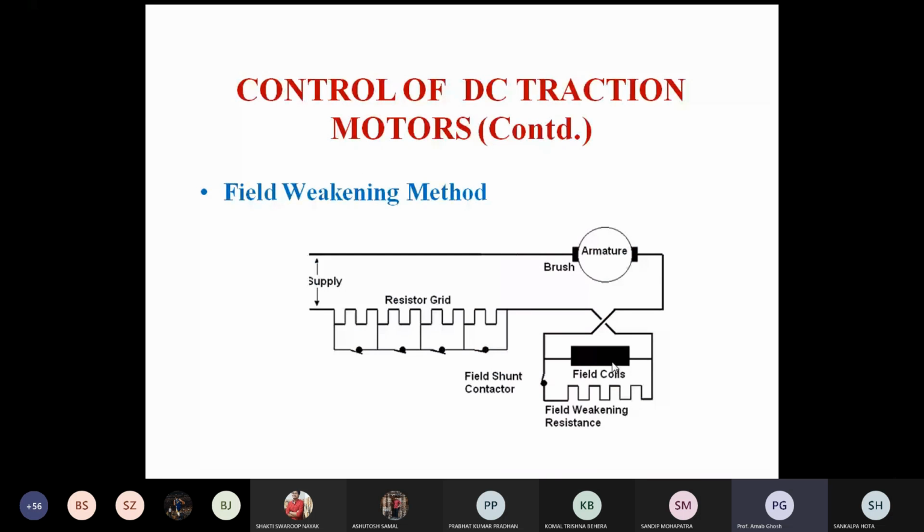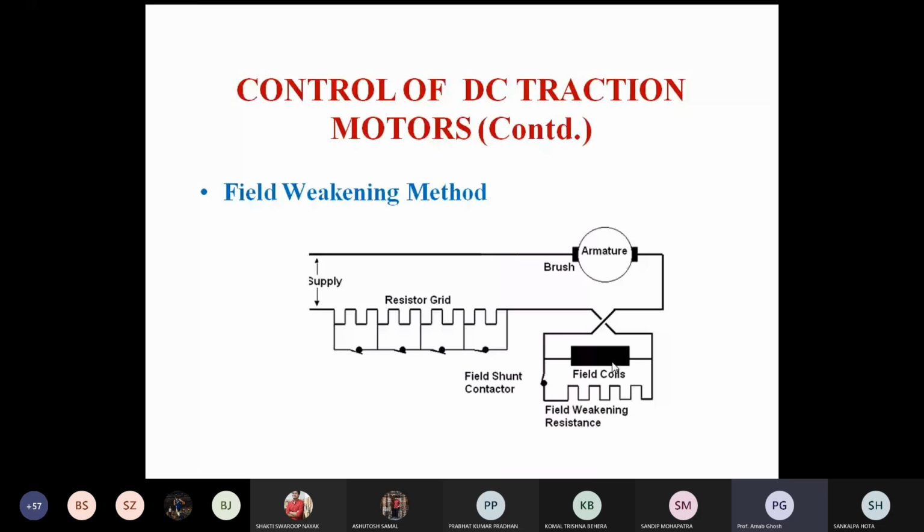If the flux is less than your critical flux, the magnetization force, the lines of force, will be less, and then the motor will stop. So for field weakening, the flux value should be greater than or equal to the critical flux.